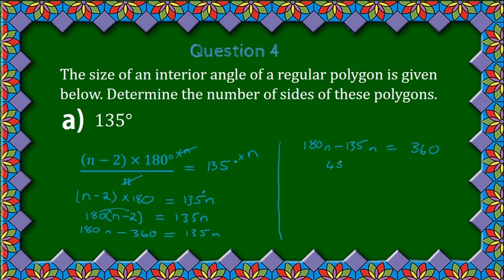So 45n equals 360 degrees. And if I divide both sides by 45 to get n on its own, then this should give me 8. So n is then equal to 8. So 8 sides. Now, if you struggled with these steps, there are videos on solving equations, and I'll give them to you in the next lesson.